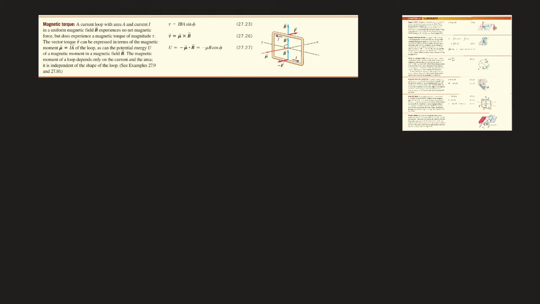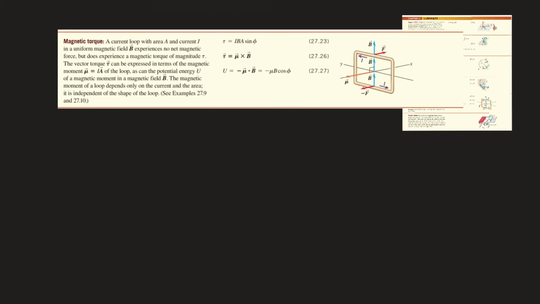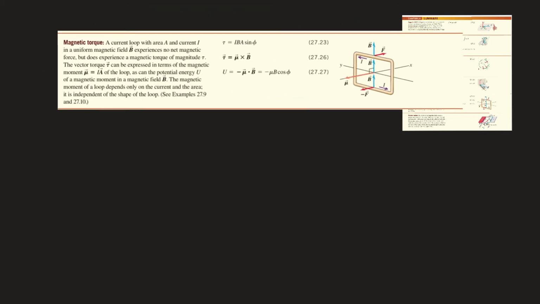And the fifth key concept in this chapter is the torque that is acting on a loop. You have a loop, and through the loop there is a current. In this picture, the current is going counterclockwise. So the current is flowing in the presence of a magnetic field B, that in this case is perpendicular to the XY plane.